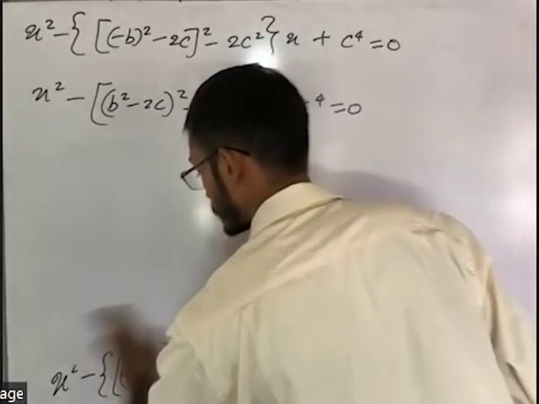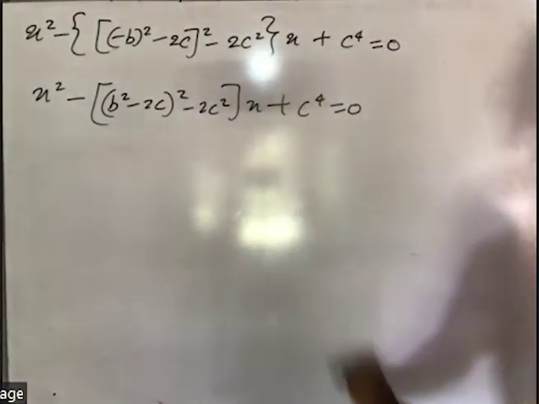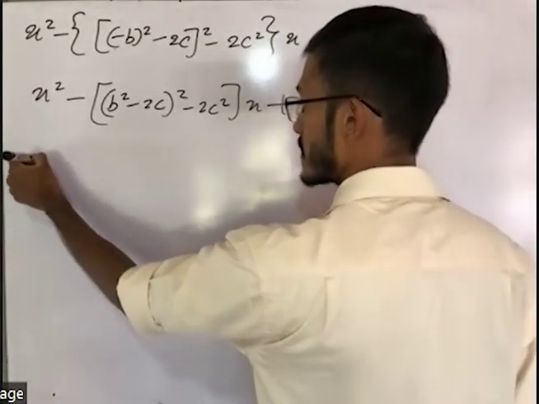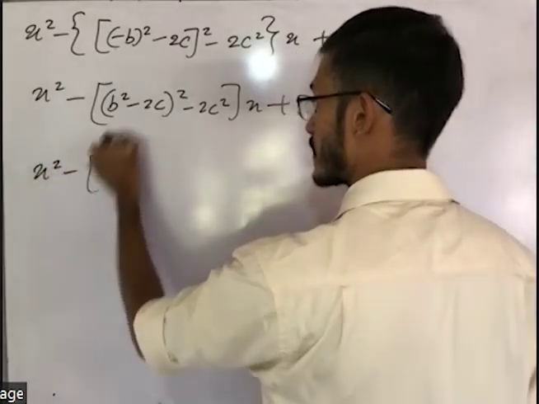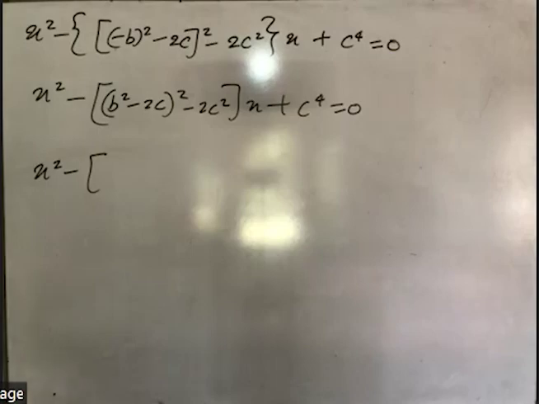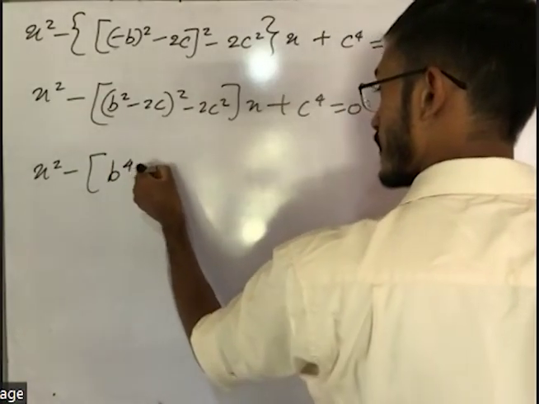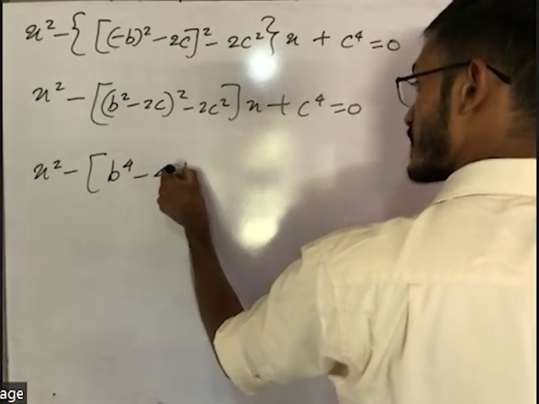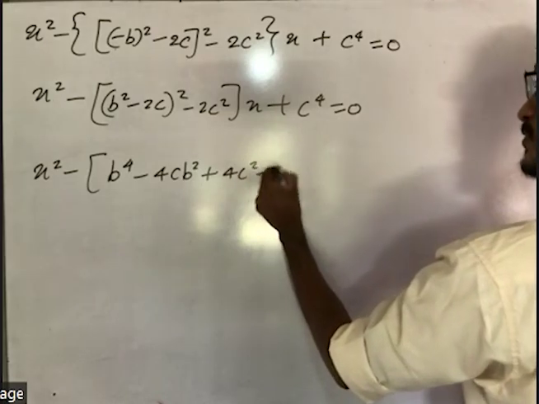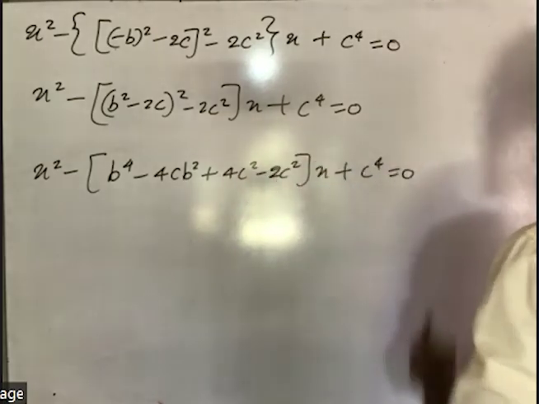Then look at this now. We can expand this: x square minus, if you expand this, you will get b to the power 4 minus 4cb square plus 4c square minus 2c square, into x, plus c to the power 4 equal to 0.